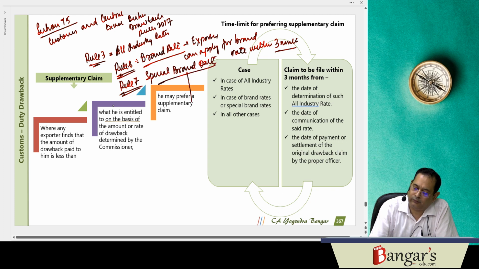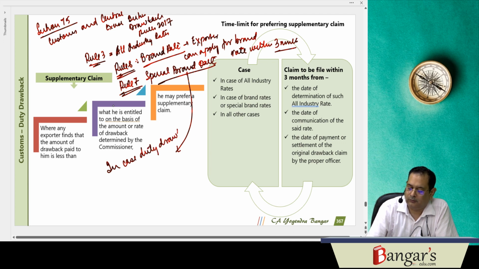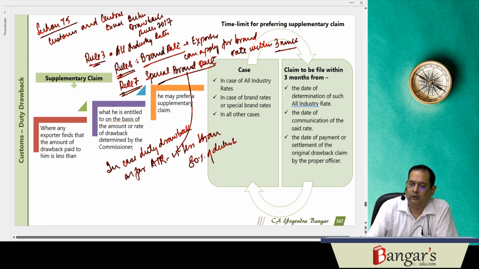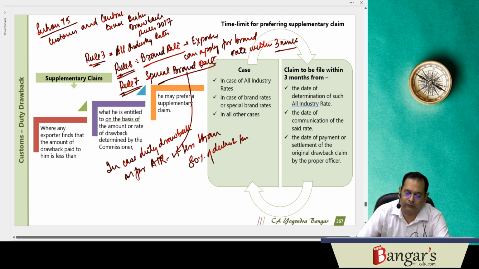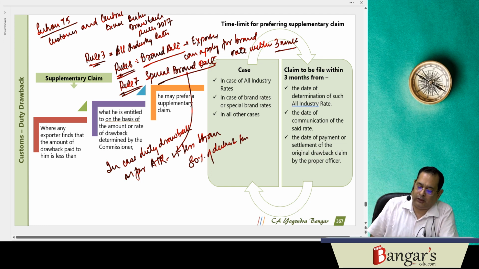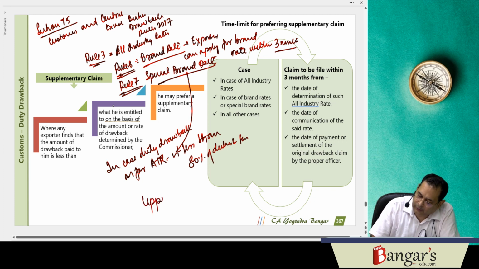In case duty drawback as per all industry rate is less than 80% of duties and taxes, then the exporter can apply for special brand rate.